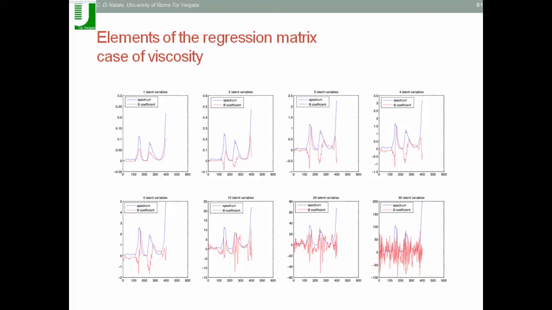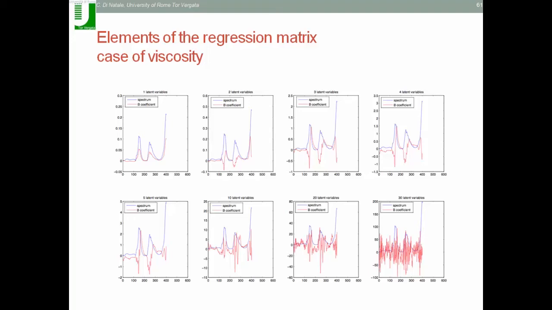So this means that each point of the spectrum is taken into consideration, and according to its value, it's used in the regression matrix. When we increase the number of latent variables, you see that something starts to happen. We see something like a derivative here. This peak and this red shape is just the derivative of the peak. But the derivative is done not everywhere, but only on the peak, on the relevant part.